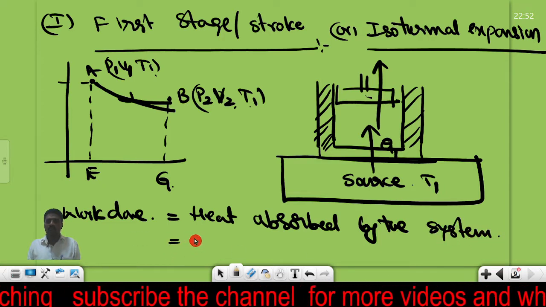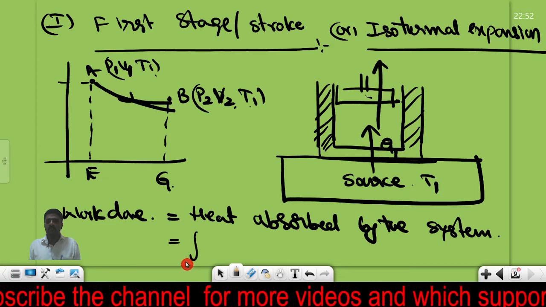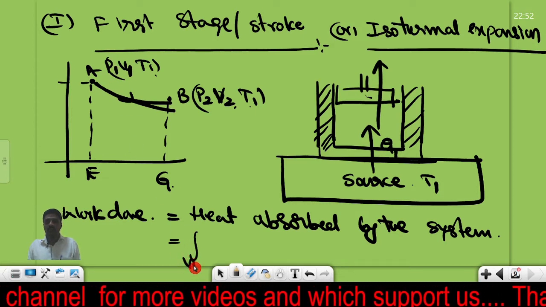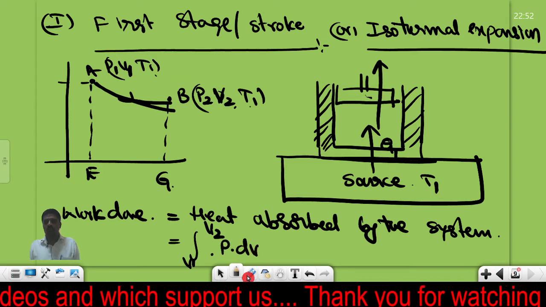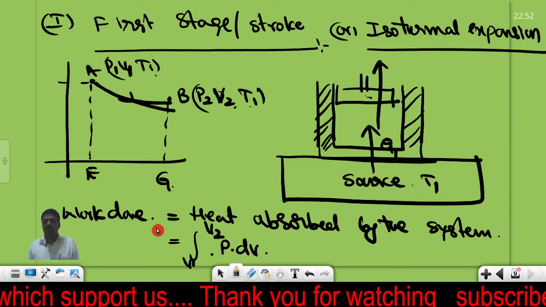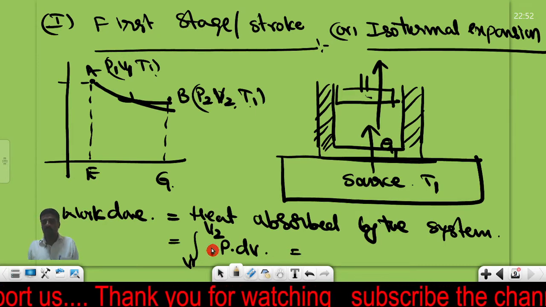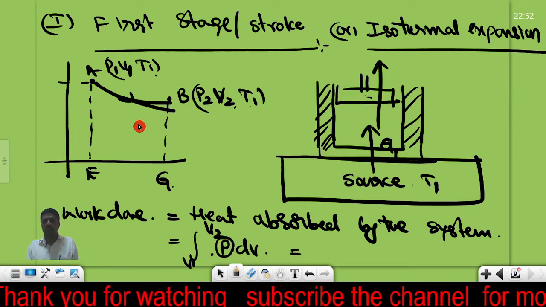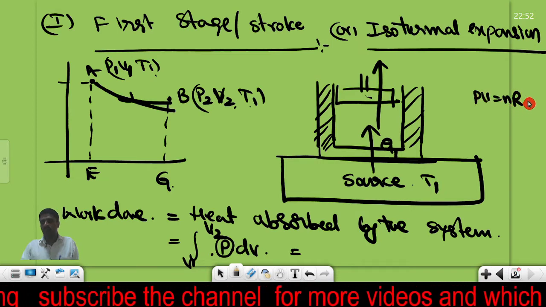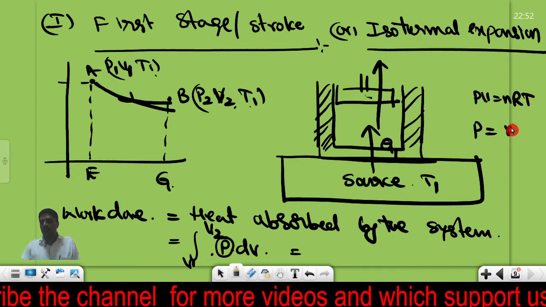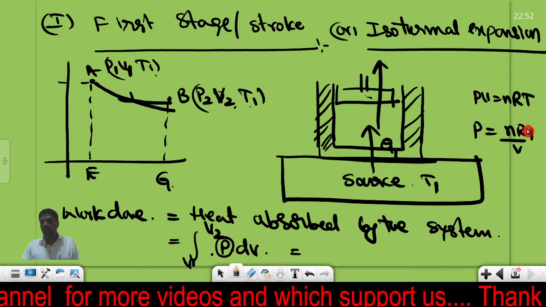What is the work done formula? Work done is the integral from initial volume V1 to final volume V2 of P dV. As this is an ideal gas process, P is also variable. With the help of the ideal gas equation PV = nRT, P = nRT/V.